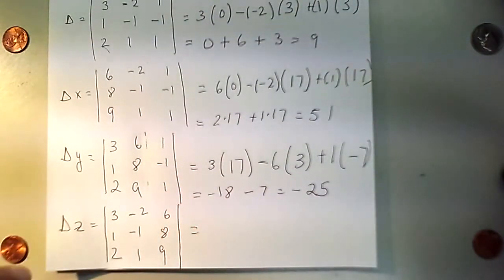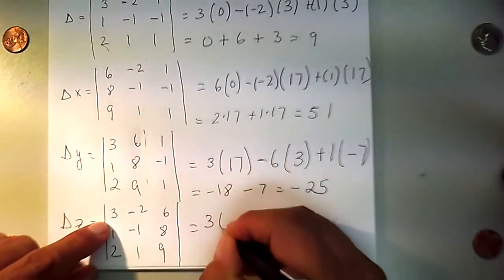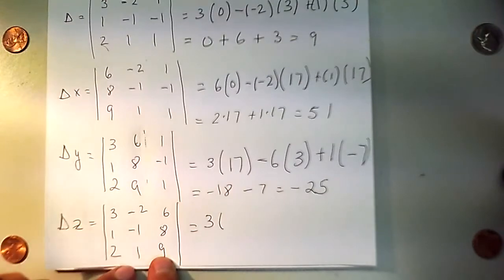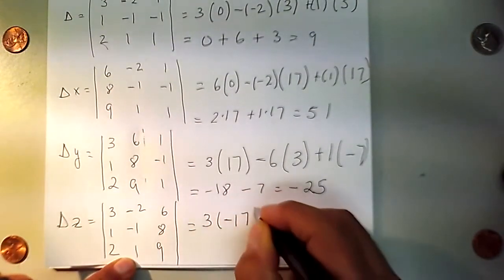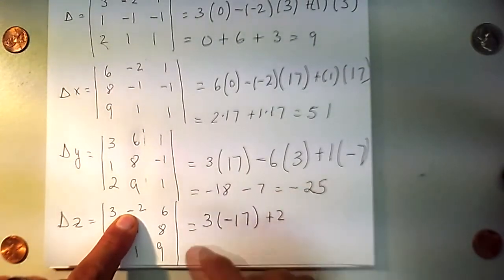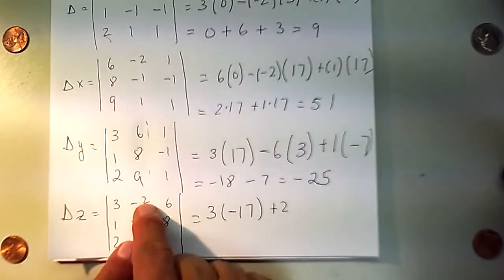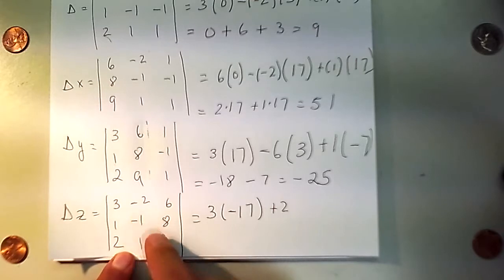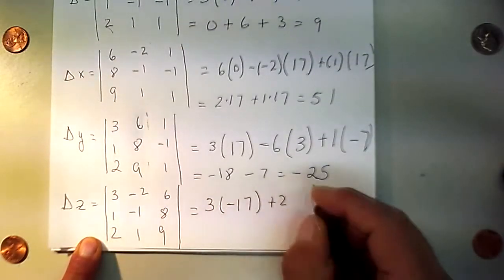Okay. So let's see, that's 3 times negative 9 minus 8, negative 17, plus 2. I'm going to skip a step, and instead of doing minus negative 2, because of the position of that entry, I'm going to put plus 2 right away. And then we have 9 minus 16, that's negative 7.